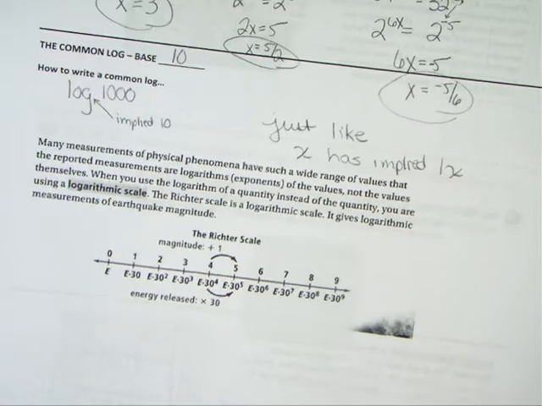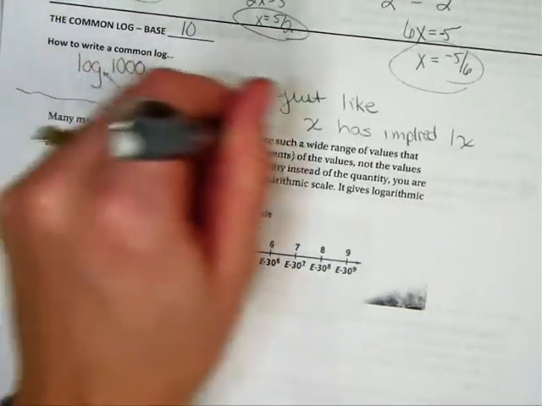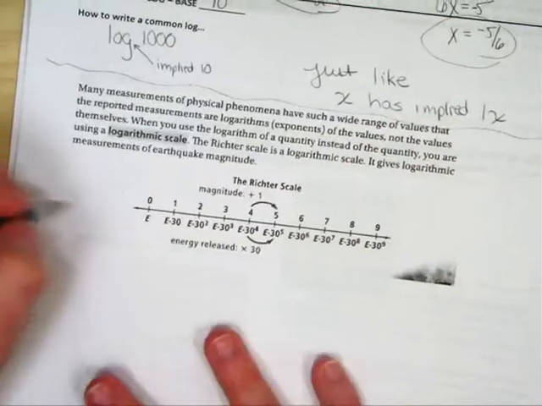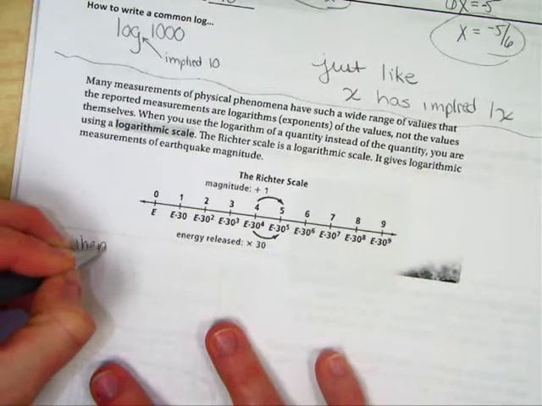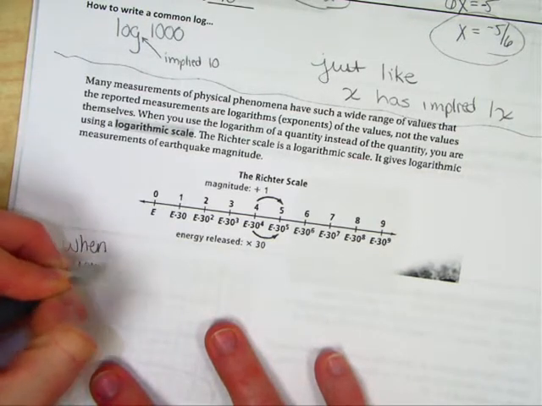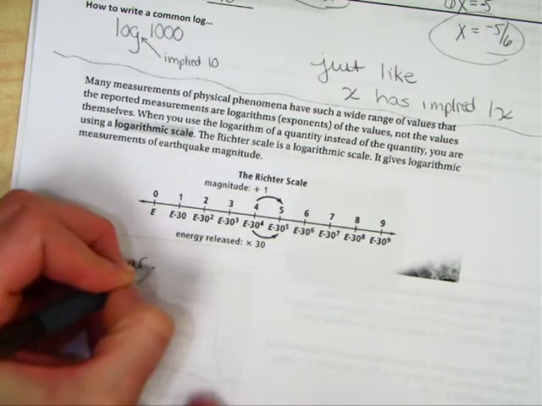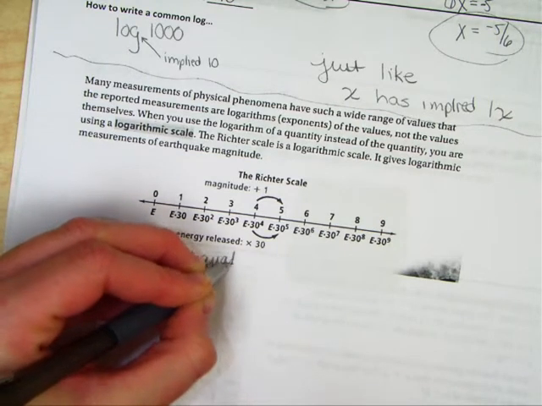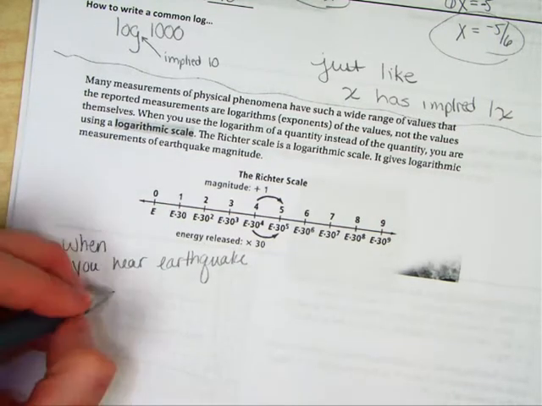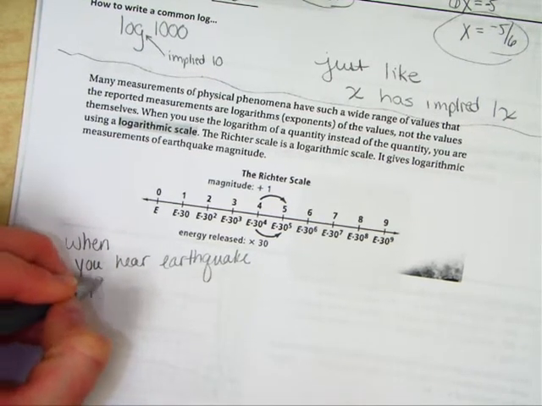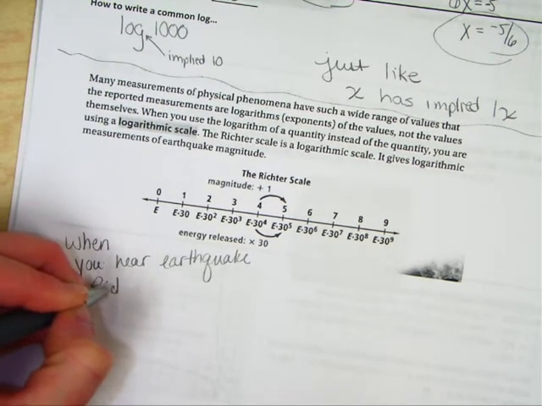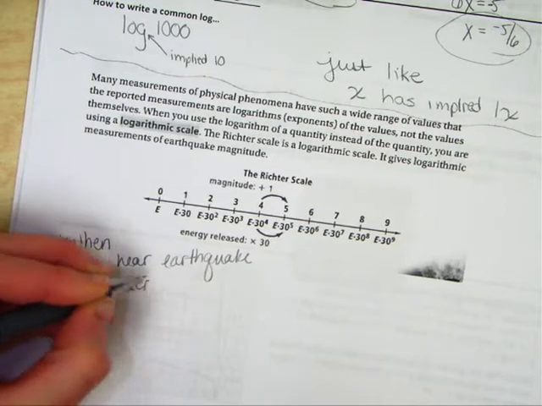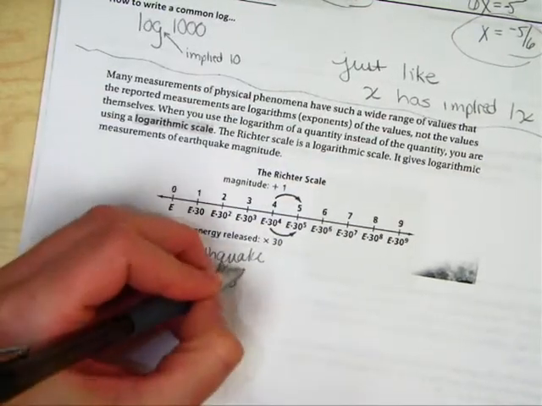Now that was a lot to take in. Here's what it pretty much says. When you hear of an earthquake on the Richter scale of 5, have you ever heard that?